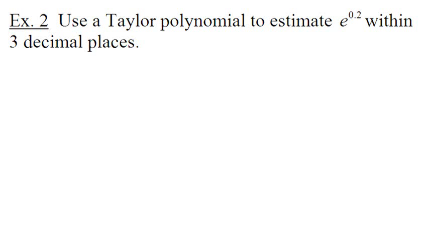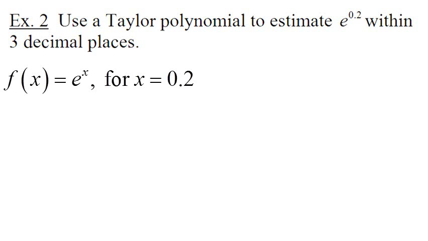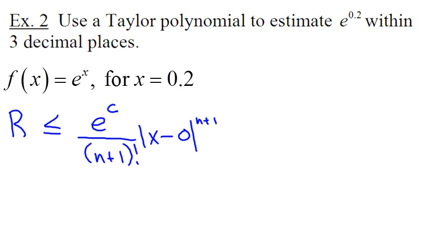Now I'll estimate the value of e to the 0.2 within 3 decimal places of the actual value. In Taylor's inequality, I need to choose values between 0 and 0.2 for c and x to make the expression as large as possible.